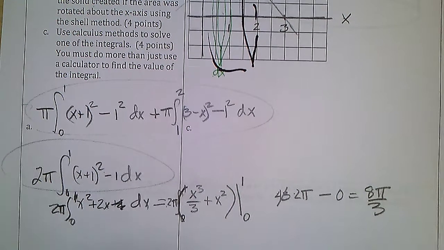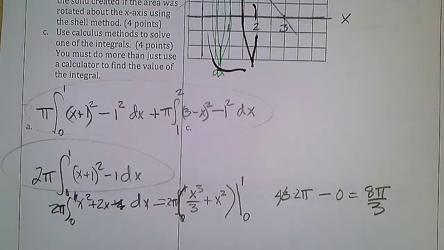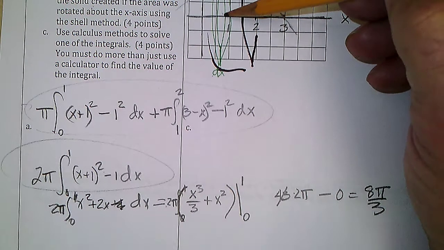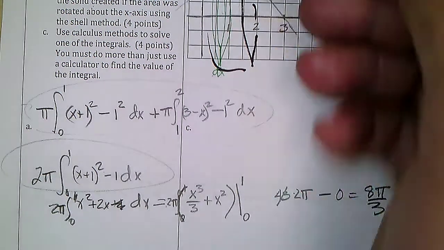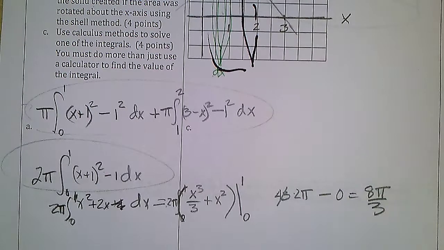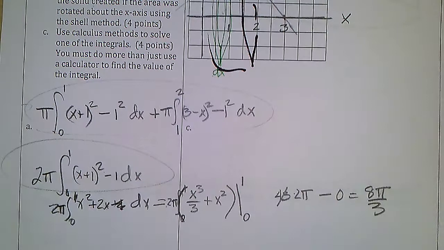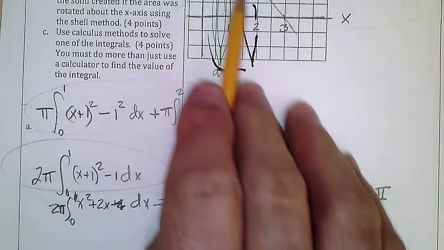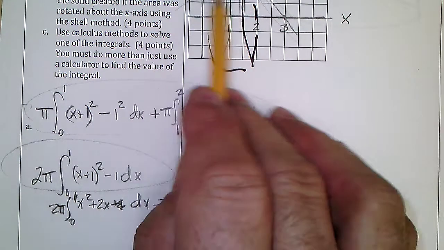So that would be the integral, and so we're doing dy's, and we're going to have a radius that's y. So the distance around is 2 pi r times this, which is going to be this curve. It's going to be y, the difference in these two y's.